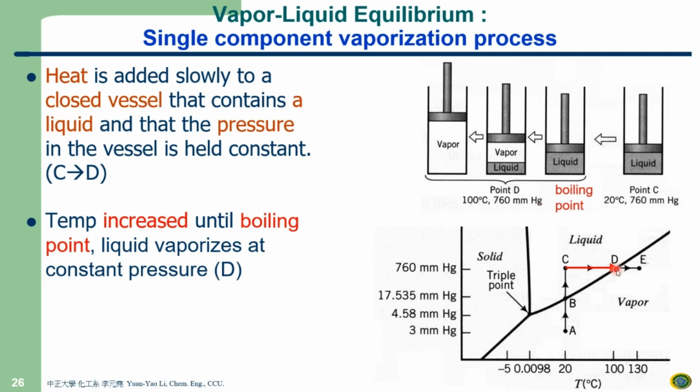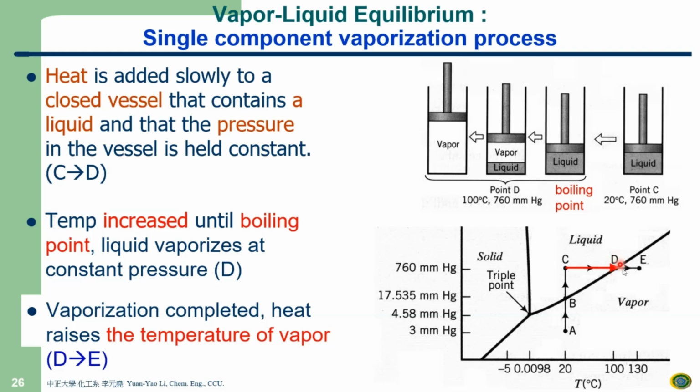Okay? And after that, vaporization is complete, and heat raises the temperature of the vapor. So once the liquid water has changed to vapor and there is no more water, the temperature will start to increase, from D to E, from 100 to 130, 150, something like this.